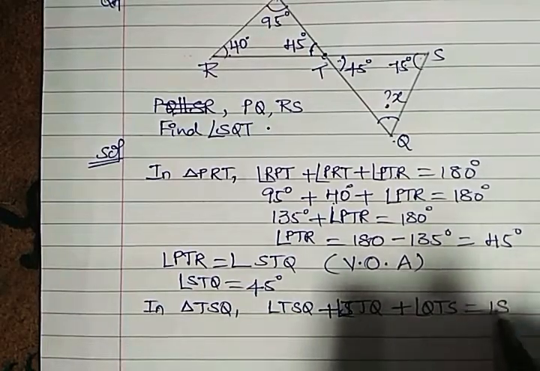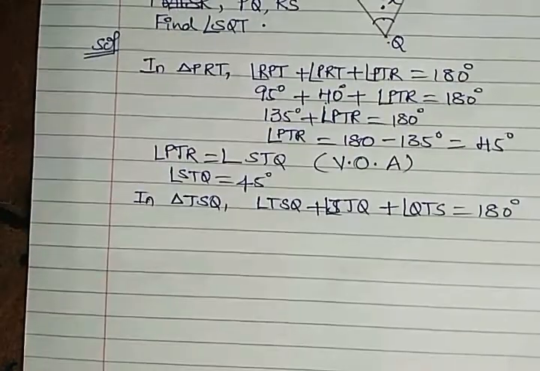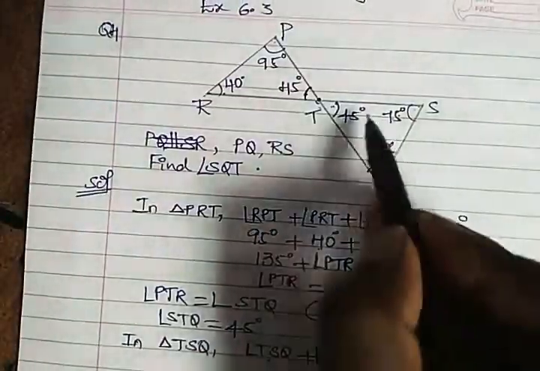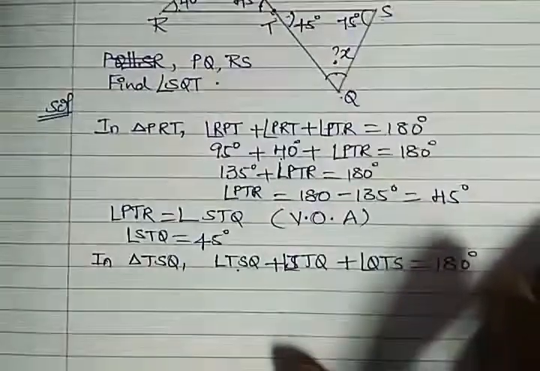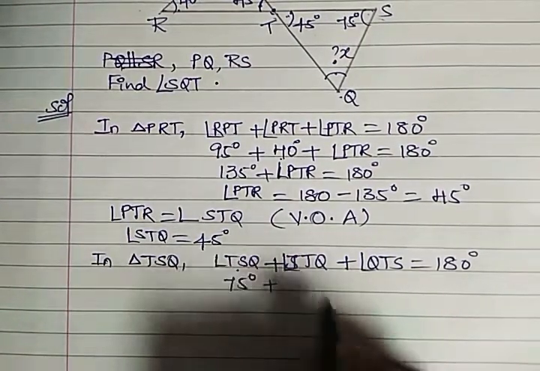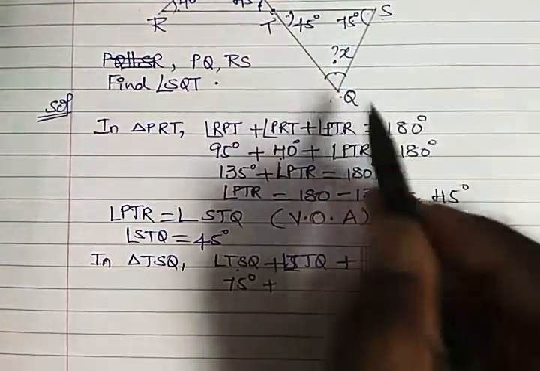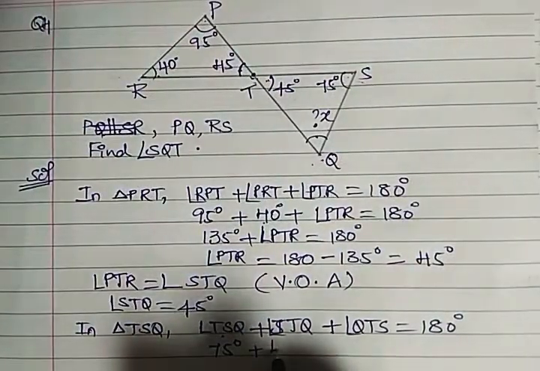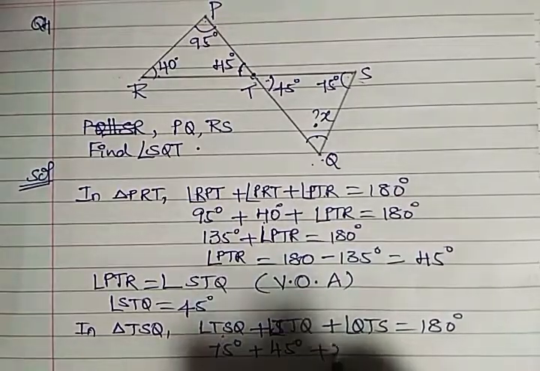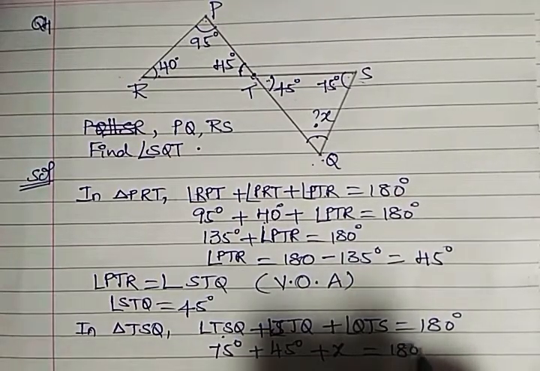The sum of 3 angles is equal to 180 degrees. Now out of 3 we have 2 angles. TSQ we have, that is 75 degrees. So here we'll write 75 degrees plus STQ is 45 degrees plus QTS, which we have taken as X, the unknown value, is 180.